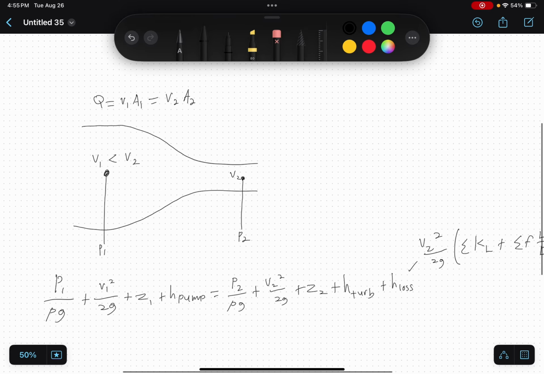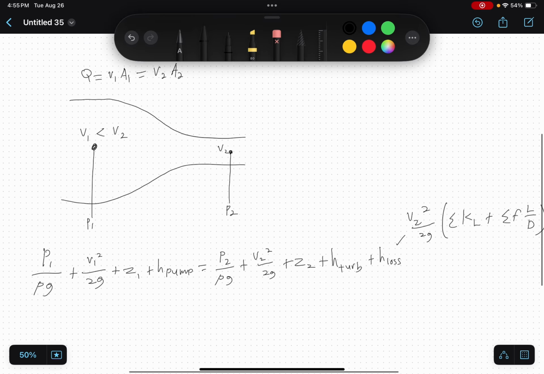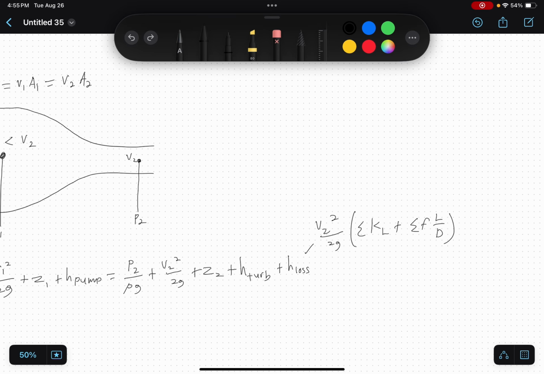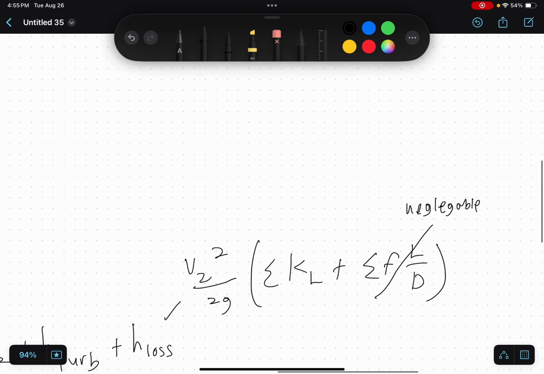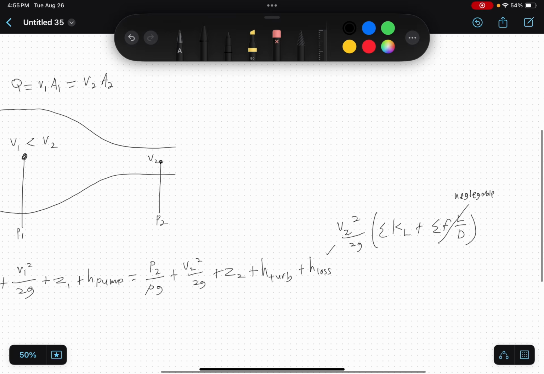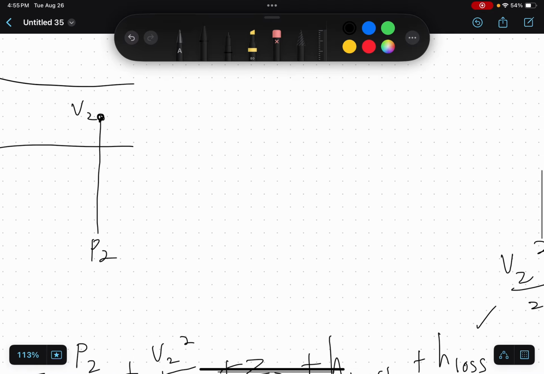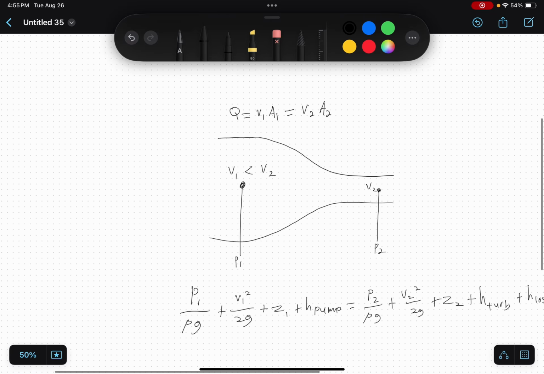All right, so typically the flow orifice, I don't know, it's less than a meter long or something. So we can assume that this friction loss is negligible. And for KL, there's only one loss component in this system, and that is just the orifice.